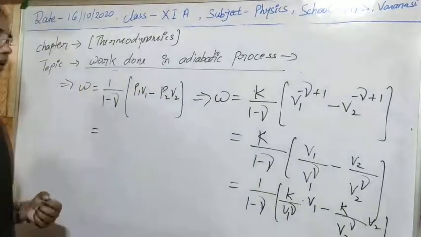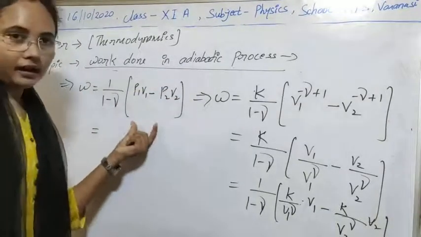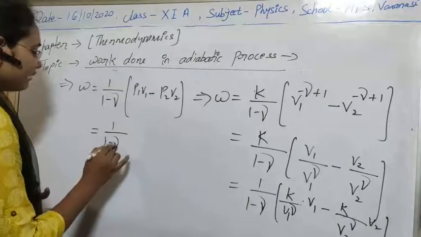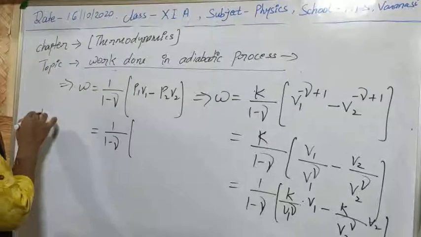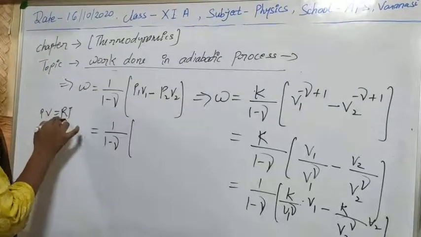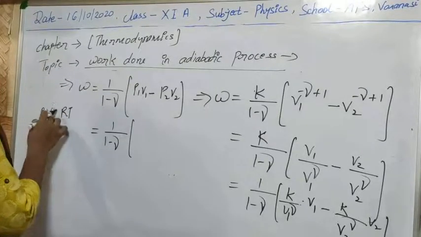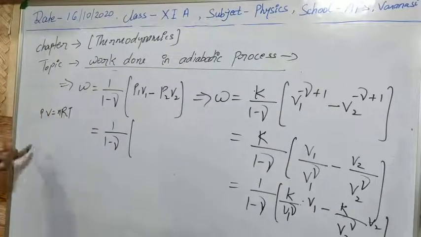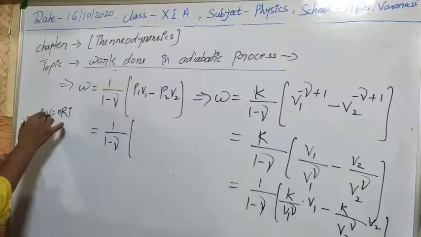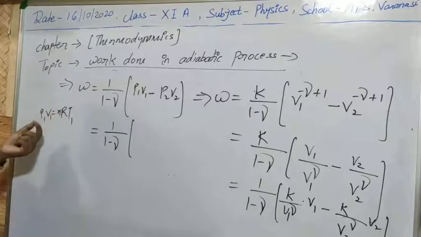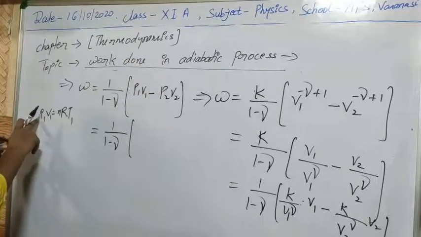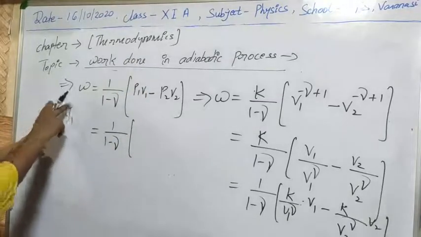Okay. Now as you know that the gas is an ideal gas, so obviously the ideal gas equation can be followed here, and the ideal gas equation is PV equal to RT, or suppose here n number of moles, then we can write PV equal to nRT. So initially we can write P1 V1 equal to nRT1. For the adiabatic process, initially pressure was P1, volume was V1 and temperature was T1.